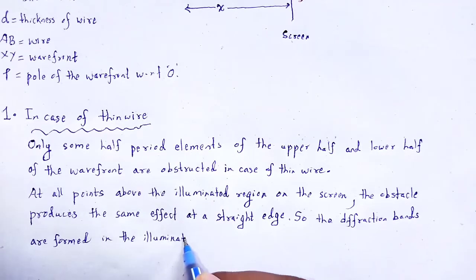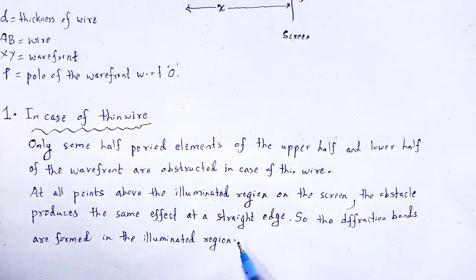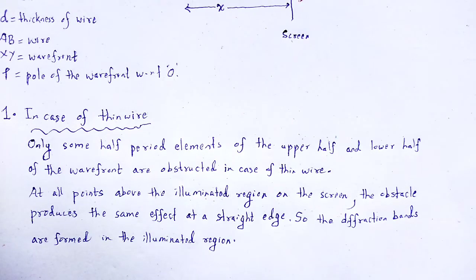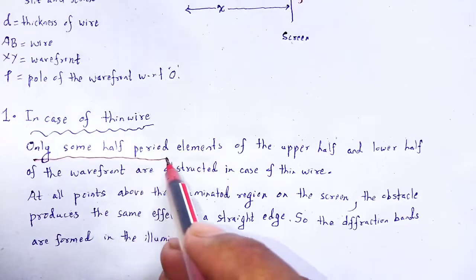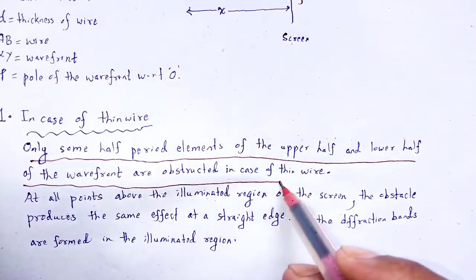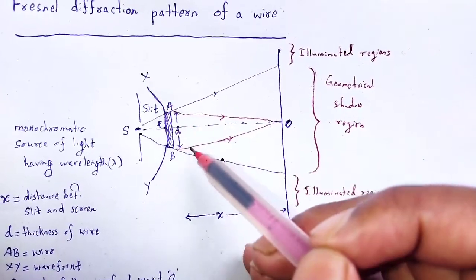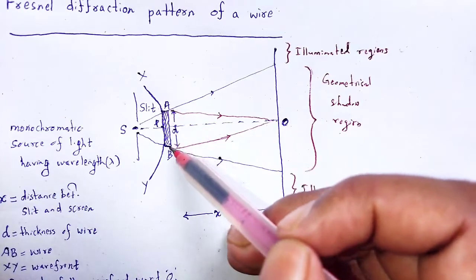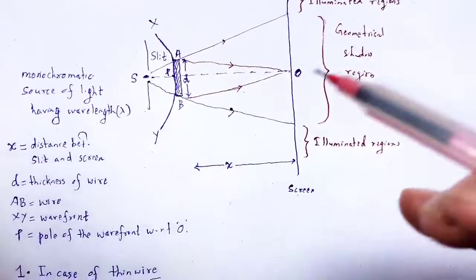In the illuminated region, some half period elements of the upper half and lower half of the wave front are obstructed in case of thin wire, and these upper half and lower half act as straight edges.